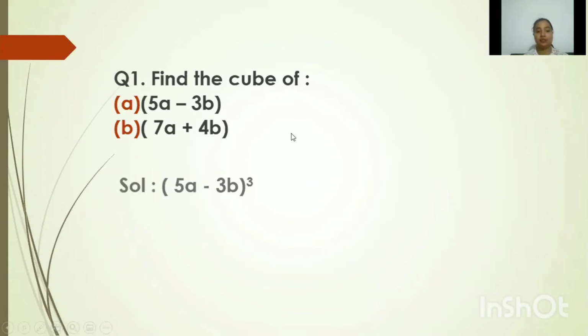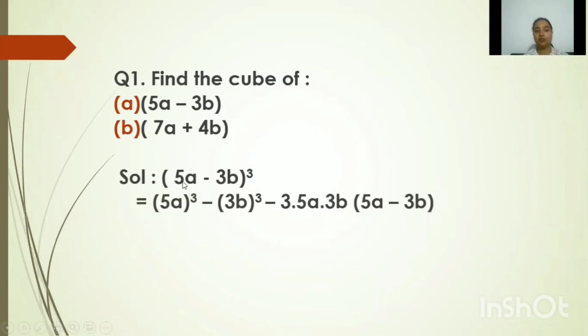Let's see. I'm going to use the formula (a minus b) cube. See, I have expanded this: (5a) whole cube minus (3b) whole cube minus 3ab, which was in the formula. So a means my first term and b means my second term, and (a minus b) was there, right? Now we will carefully expand all the numbers and the variables.